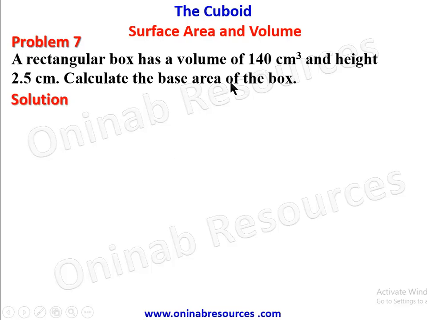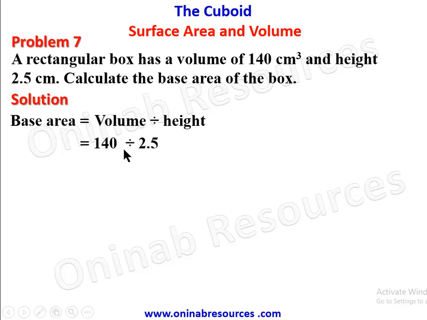We know volume is base area times height, so our base area will be volume divided by height, which is 140 divided by 2.5, and that gives 56 square centimeters. And that's the end of the solution to problem 7, and this is the end of the road for this tutorial.